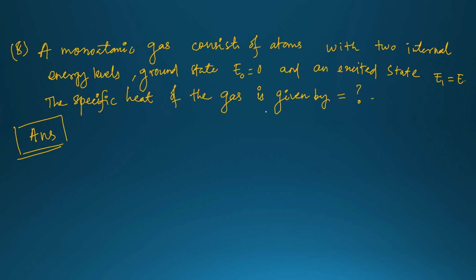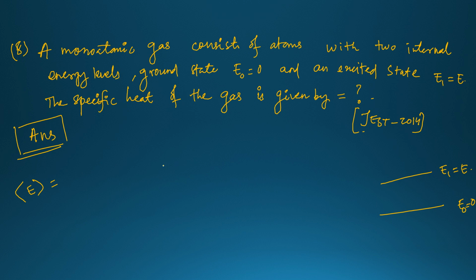Okay. Let's try this question because this came in JEST 2014. Ground state E0 is equal to 0. First excited state E1 is equal to E. Specific heat of the gas is given by the average energy.